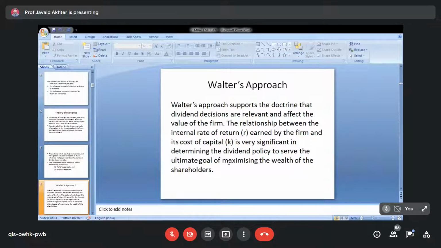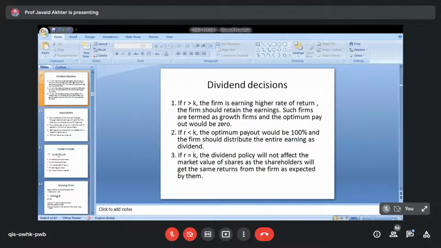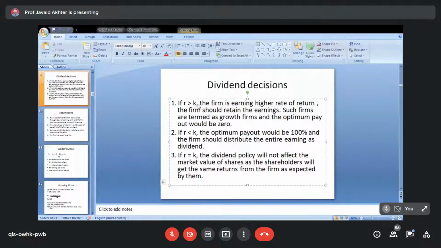What are those three broad categories? One category of firm they call growing firms. What is a growing firm? Where R is greater than K. And R, you remember, is your internal rate of return and K is your cost of capital, cost of equity especially.